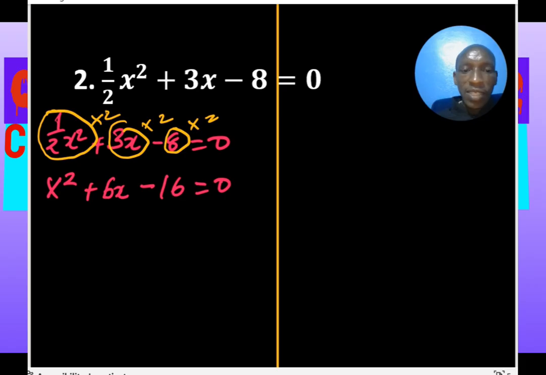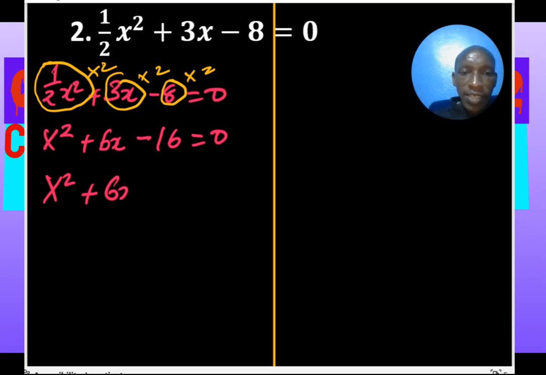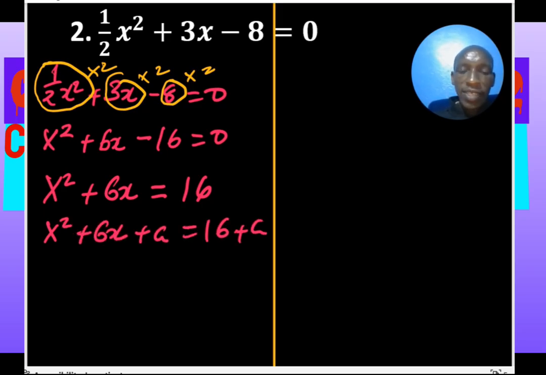So that is what we shall have: x squared plus 6x minus 16 is 0. The next step: x squared plus 6x is equal to 16, as the 16 crosses over. So we shall have x squared plus 6x plus c is equal to 16 plus c.